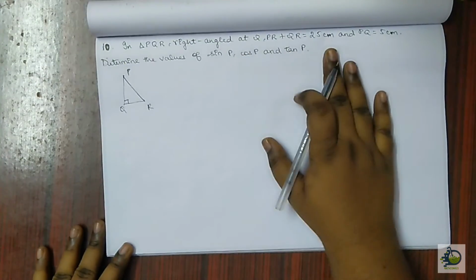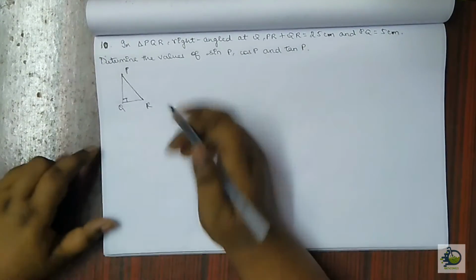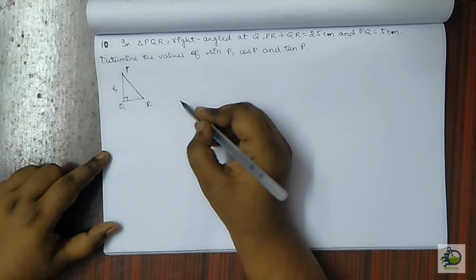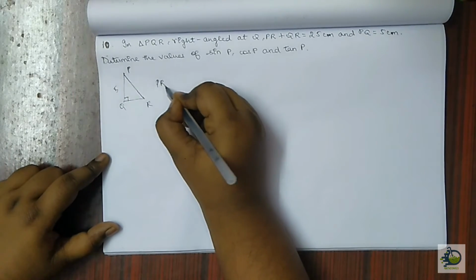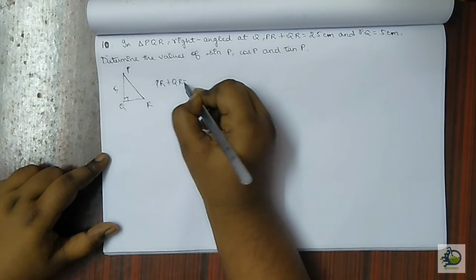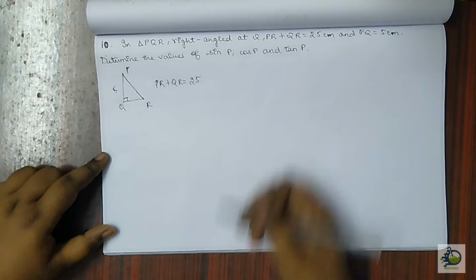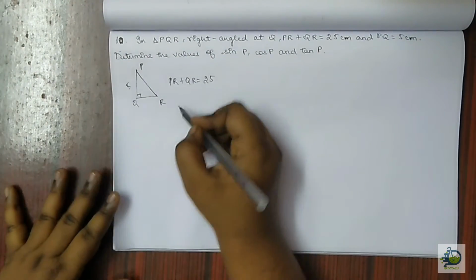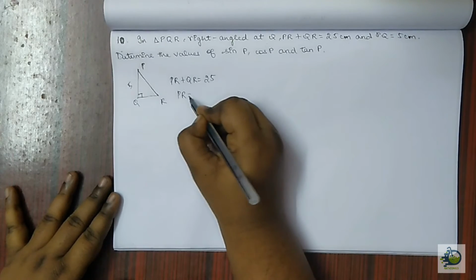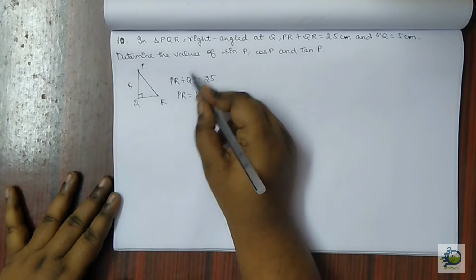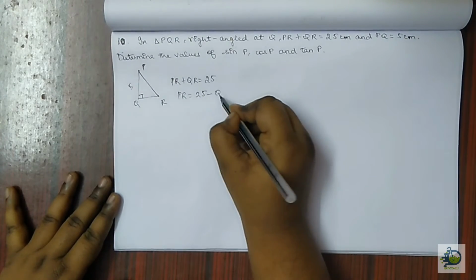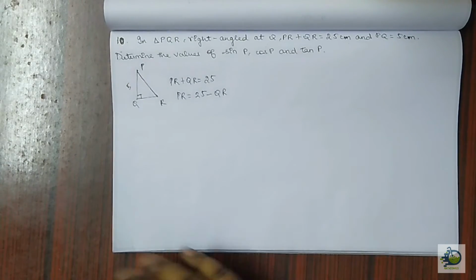Also it states that PQ is equal to 5 centimeter and PR plus QR is equal to 25 centimeter. Now from this we can write that PR is equal to 25 minus QR. When QR goes to that side, it becomes minus QR.